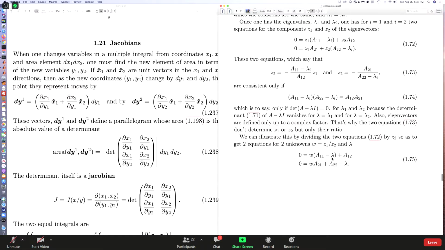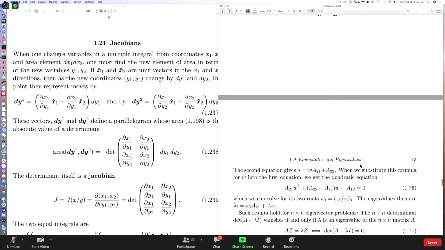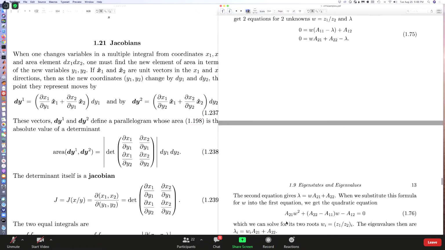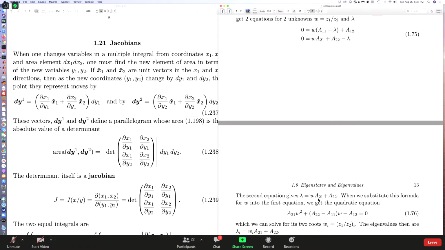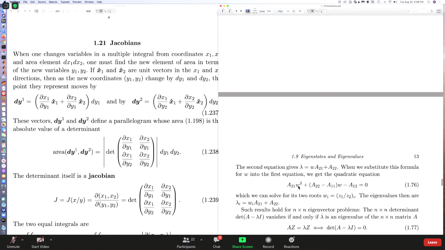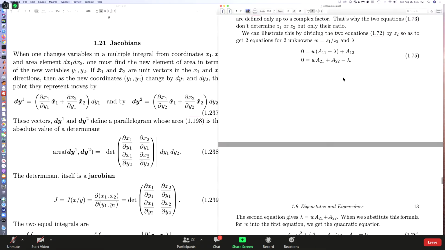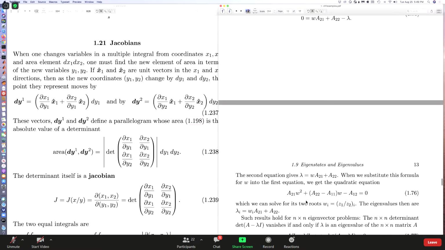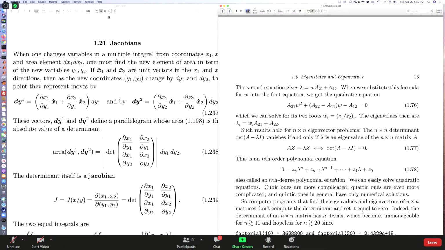It's just W times (A11 minus lambda) plus A12, and then this equation. The second equation tells you immediately that lambda is W A21 plus A22. We can substitute that into the first equation, and we get a quadratic equation for W, where W is the ratio of the two components. Of course, there are two solutions, so we get two values of W. Those are the two eigenvectors, and then we get the eigenvalues immediately from the top of this equation.